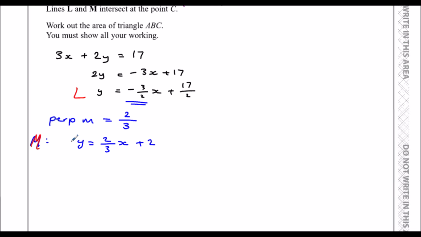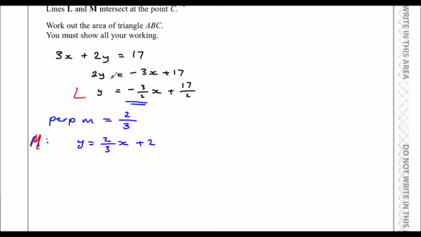So we find the intersection of two lines using simultaneous equations. So they intersect when their x is the same and when their y is the same. They're both y equals at the moment. y equals minus 3/2 x plus 17/2, and y equals 2/3 x plus 2.